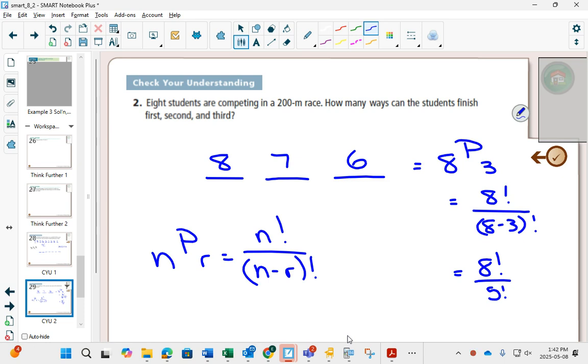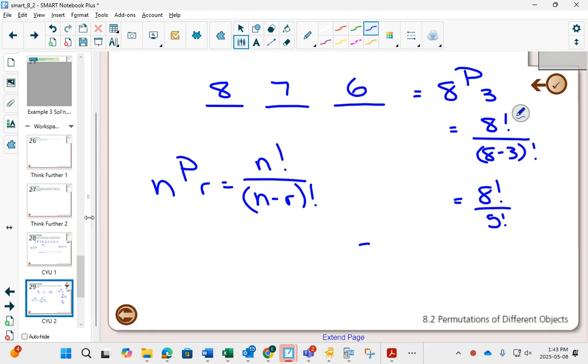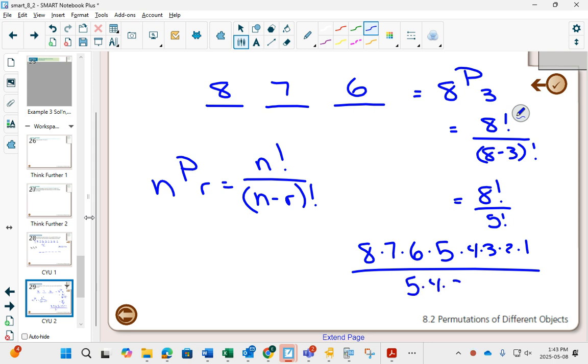Okay. So if we have it in this form, you will sometimes be asked to do this without your calculator. Now, simplifying factorials always start with the bigger one. So the 8's bigger, go 8 times 7 times 6 times, and I'll write it all out, and then I'll show you that most of the time we don't write it all out.